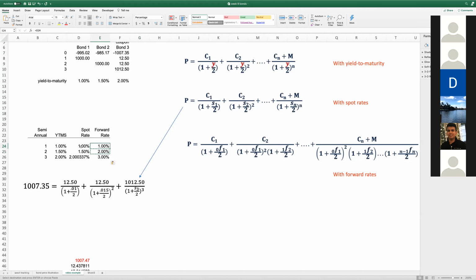So as you're looking at this, our forward rate in the first period equals, we have a 1.5% spot rate. To get that spot rate, we have to have a fairly high forward rate, 2%, and then 3%. So again, given these yield to maturities, this would be our estimate of what the spot rate would look like, and then the forward rate between period 1 and 2, 2 and 3.